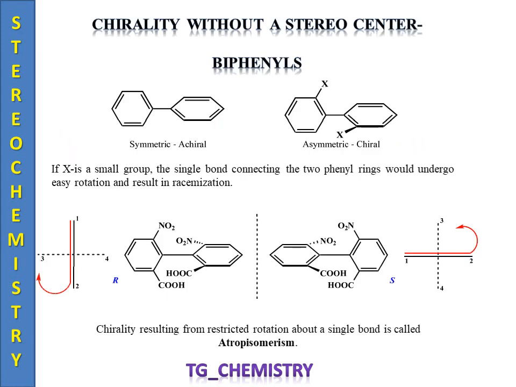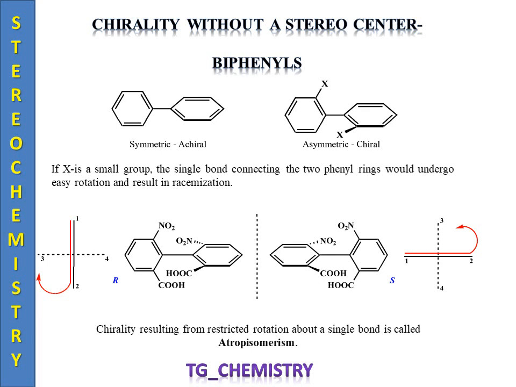Now another important point is for the molecules where there is chirality without a stereocenter. So there the carbon center doesn't have four different groups attached to it, but still chirality generates within the molecule. These are the biphenyls, commonly known.